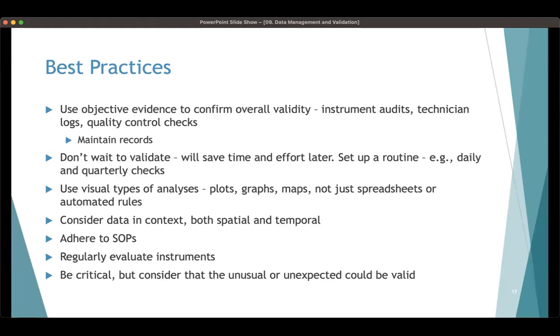Then the second fact I should inform you is we should not wait to validate. අපි data validate කරන්න ගොඩක් කල් ඉඳලා බෑ. We'll save time and effort later. Set up a routine, for example, daily and quarterly check.